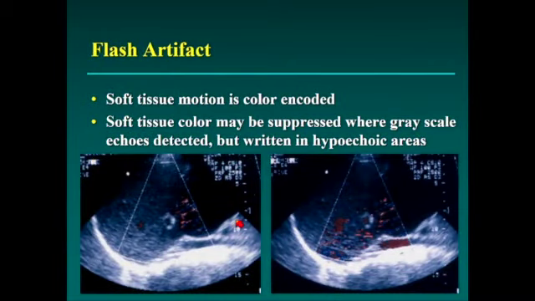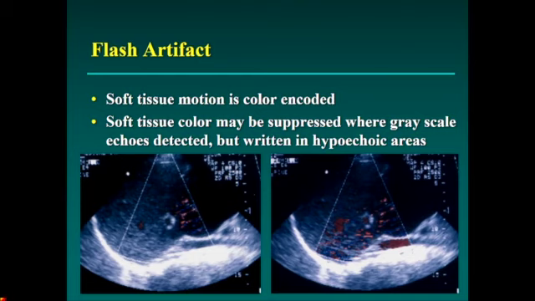Flash artifact is a result of the fact that when you set up a preset in your Doppler, you are automatically choosing a level over which color will overwrite the grayscale. In other words, fundamentally there's two flow settings that you're going to cope with.